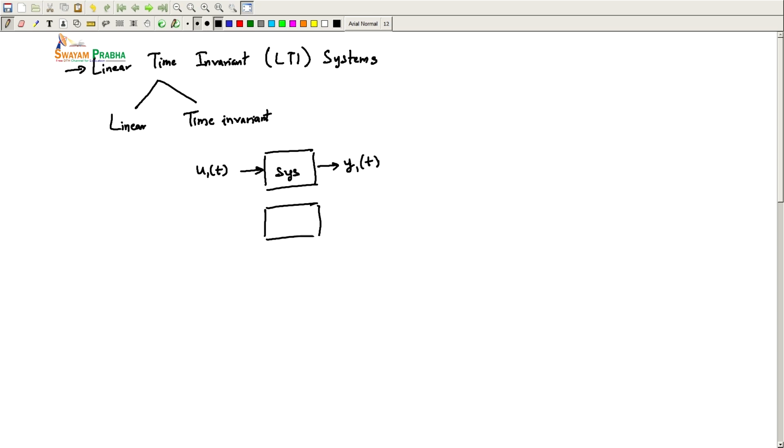Similarly, if we give another input u2(t), which gives an output y2(t), then this system is linear if it follows the concept of superposition.